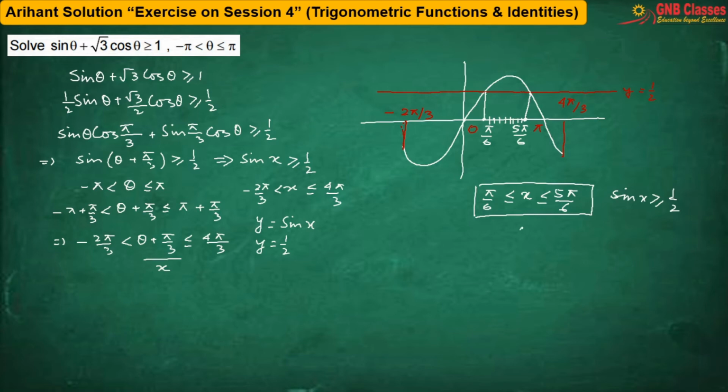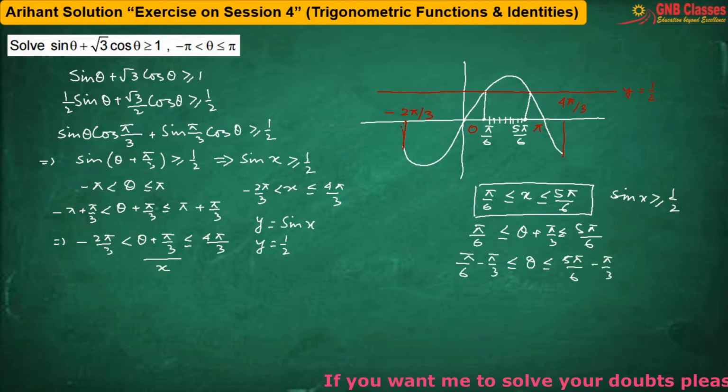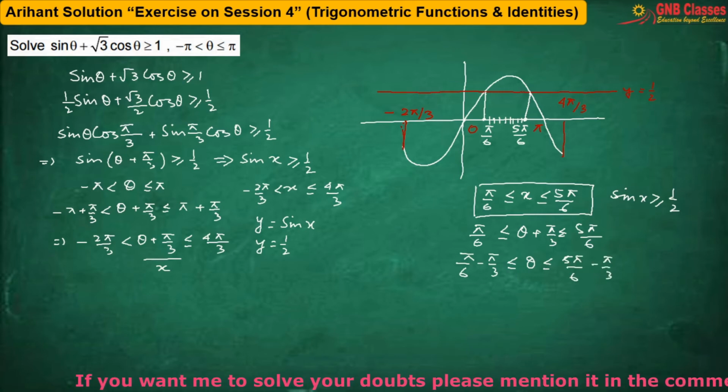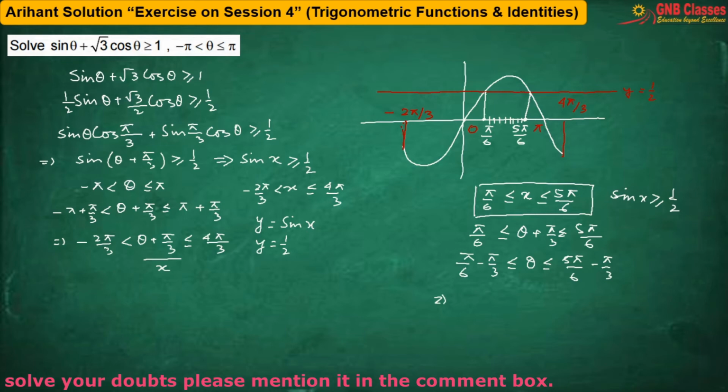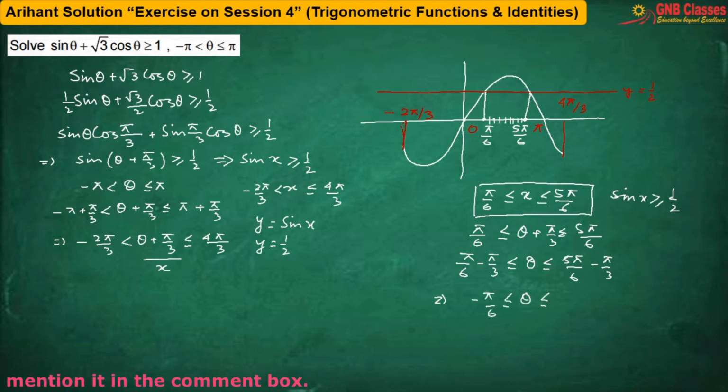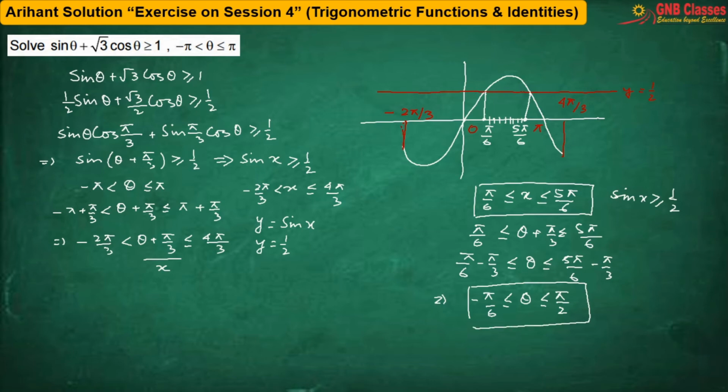Is it okay? Now, x is basically theta plus pi by 3. So, theta will lie between... So, the final required solution set will be... Is it clear? Therefore, the solution set for theta is minus pi by 6 to pi by 2. Is it clear to all of you?